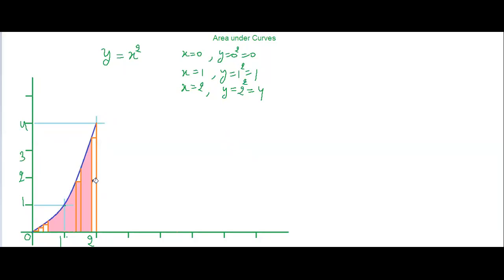Do you understand which area I am talking about? I won't be able to fill the color in these very small rectangles. We want to find the area exactly under this blue curve.